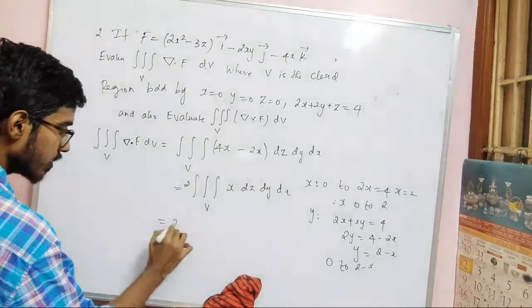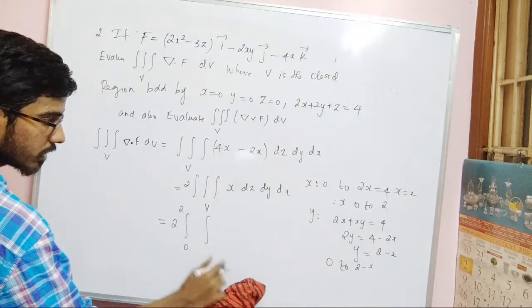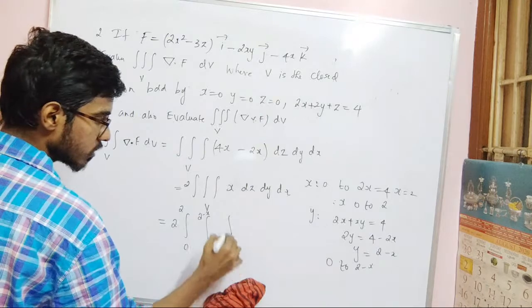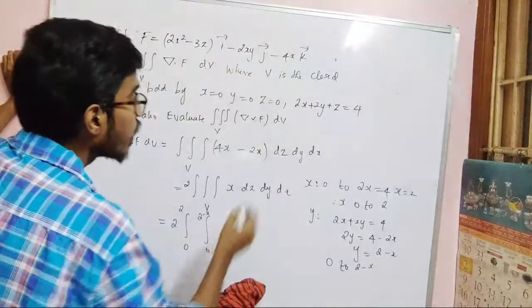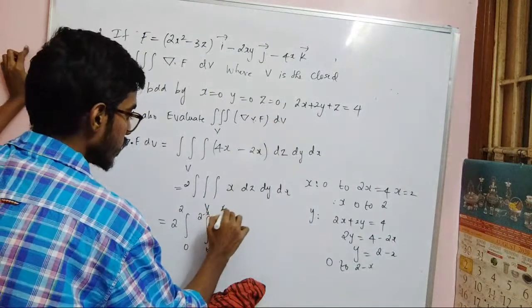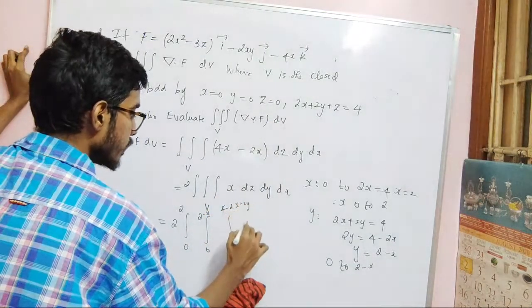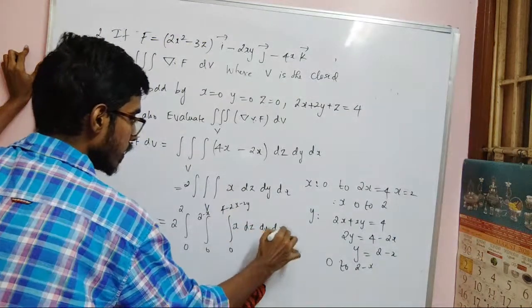So this will be 2 times integral, x limit from 0 to 2, y limit from 0 to 2 minus x, z limit from 0 to 4 minus 2x minus 2y, x into dz dy dx.